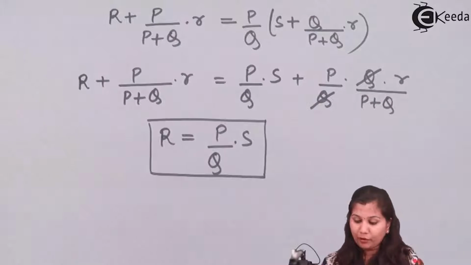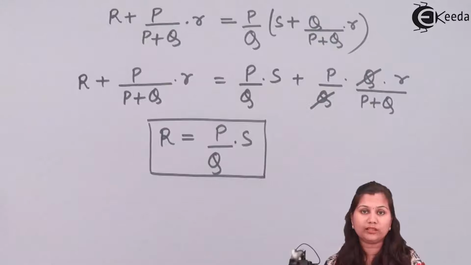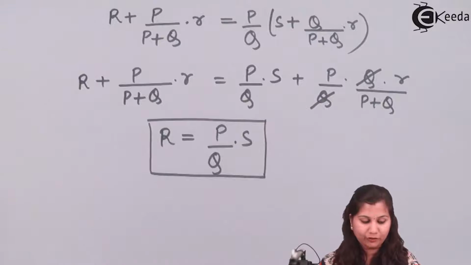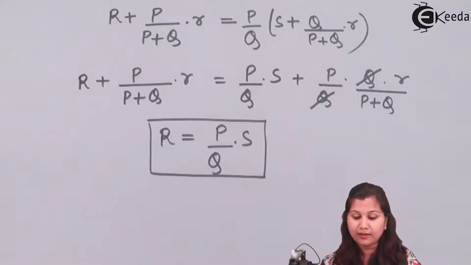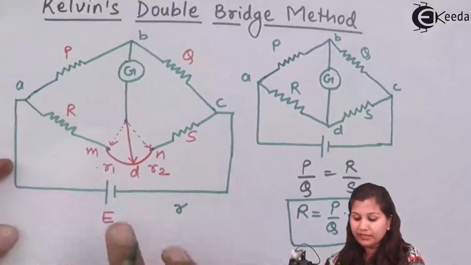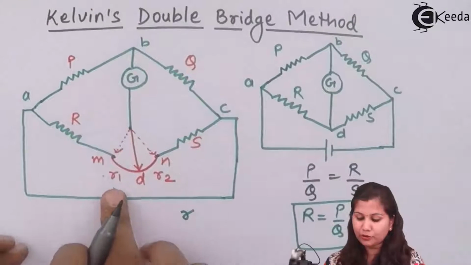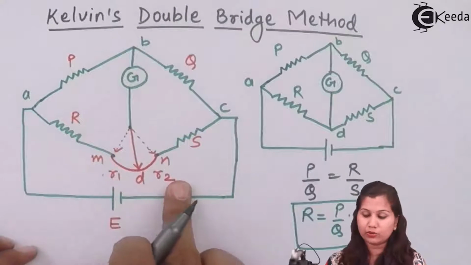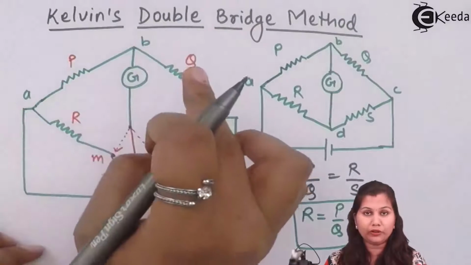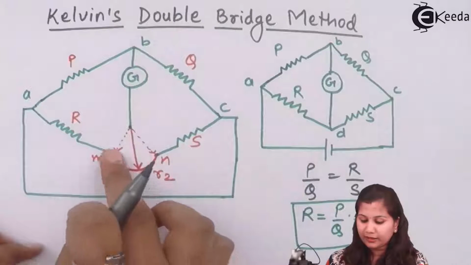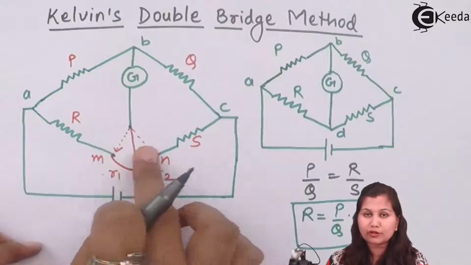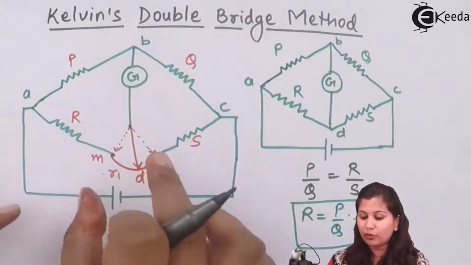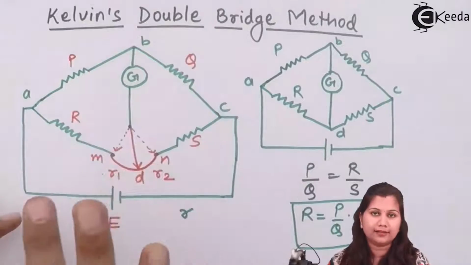So from this expression, we can conclude that if we are making the galvanometer connections in the bridge at a point D such that the ratio of R1 upon R2 is equal to P upon Q, then the resistance of this connecting lead will have no effect on the circuit.